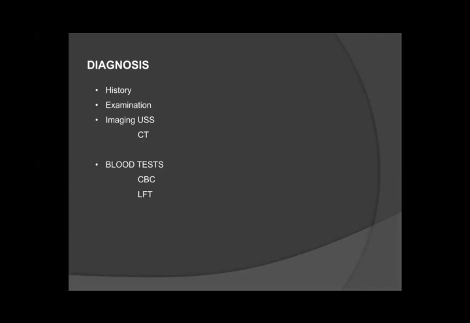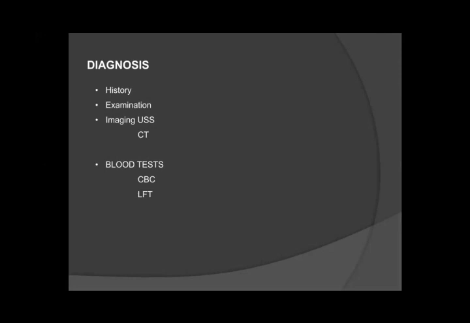All right. Now, to run the diagnosis, before we run the diagnosis, what are the key components of it? We have history, we have examination, and then we have imaging as well. So, we have ultrasound, we have CT, we have blood tests, CBC, LFT.